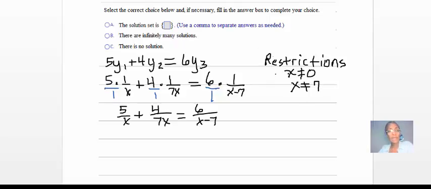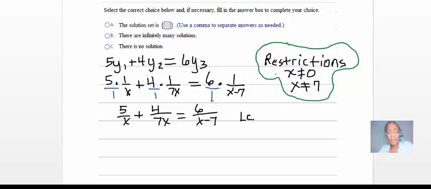So as long as my solution isn't one of these numbers, then I have a value that I can accept. If one of these numbers shows up as a solution, then I have to reject that solution. Now my LCD has to have every factor in it that's in any of the denominators. So the first denominator has simply an x in it.